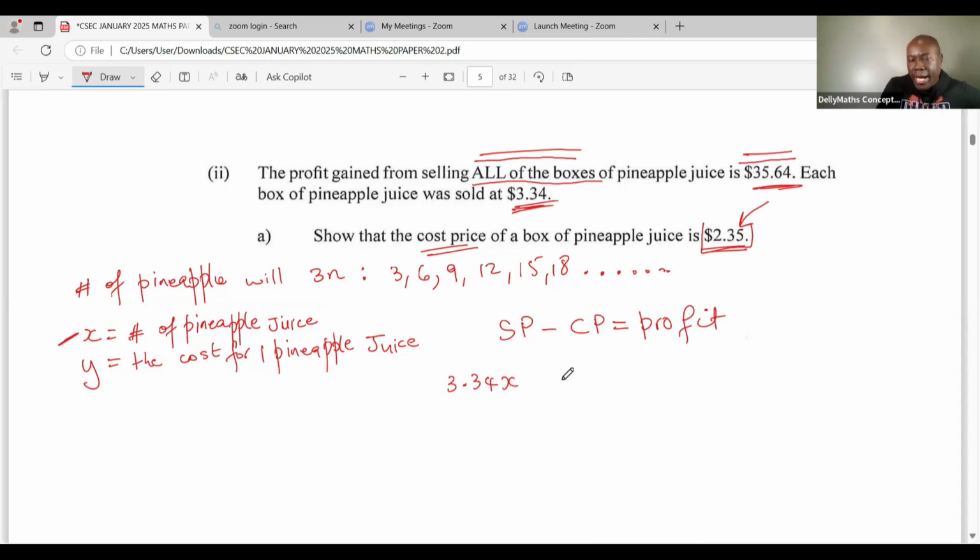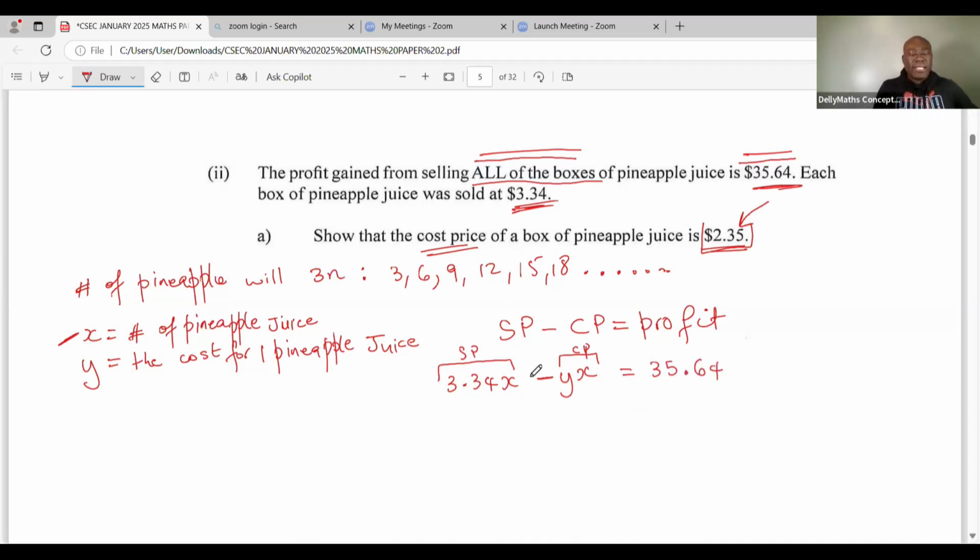So this is the selling price, minus the cost price, which is the cost for 1, which is Y, times the number of them that were sold, which is X. Take a look. So this here is selling price, and this is what it cost me. The result of that, when I subtract, I made a profit of $35.64.